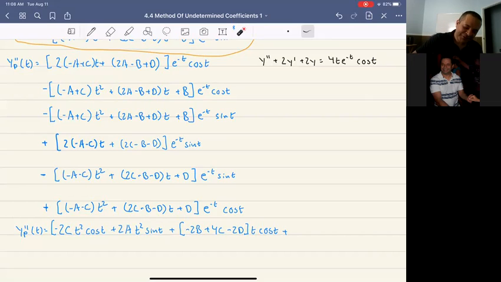Okay, so let's look at the t sine t terms. So t sine t, I'm going to have 2at here minus 2at there. So that cancels. Negative b, so minus 2b t sine of t.